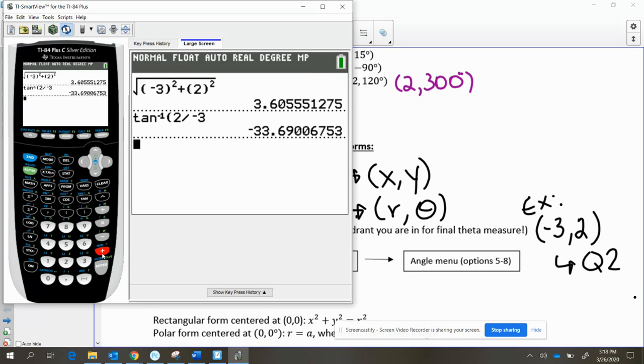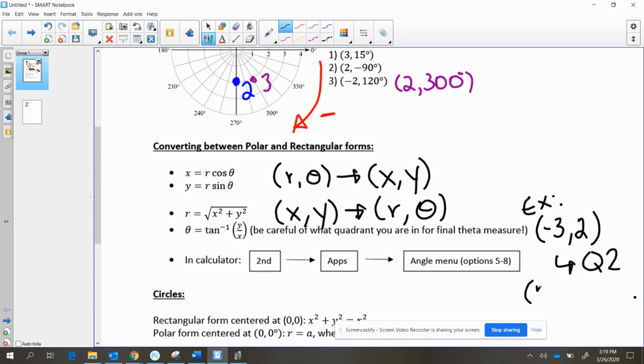We know -3, 2 is in quadrant 2, so I'm going to add 180 degrees to this because now, 146.3, that is in fact in quadrant 2. So we have 3.6, 146.3 degrees as our conversion then into polars.